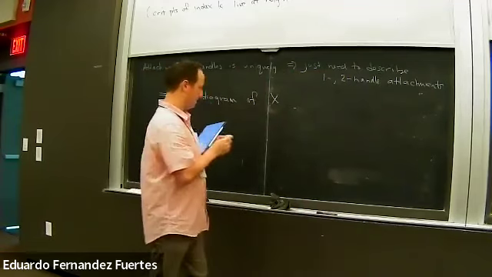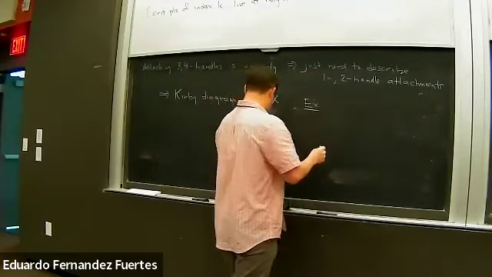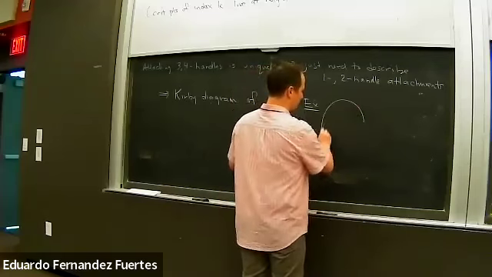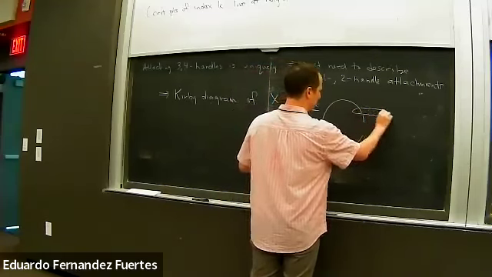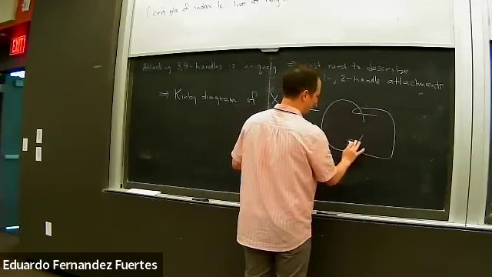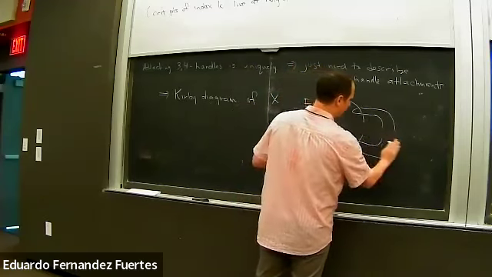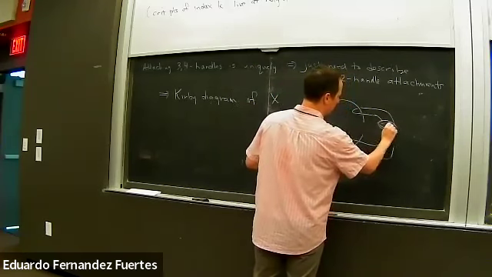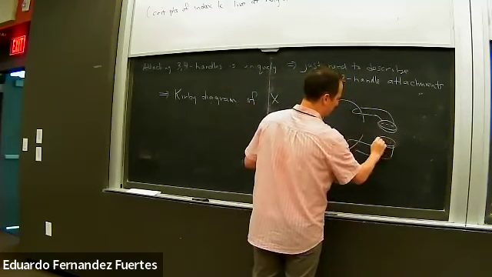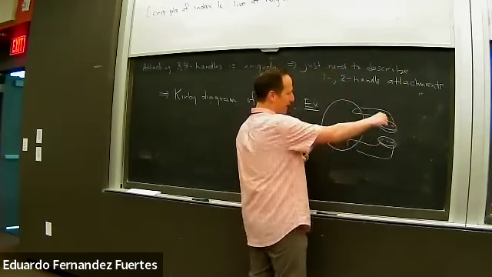Okay, and this will be the example to hopefully show how this 1 handle business works. I can draw this picture in 2 ways. I've got a 1 handle that I've attached here, which you can think of as coming out of the board.